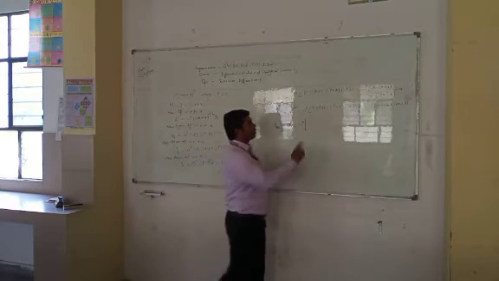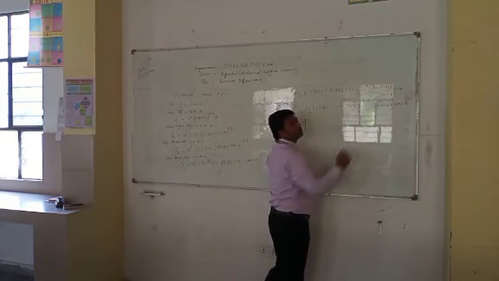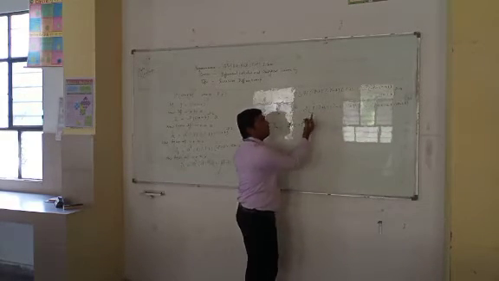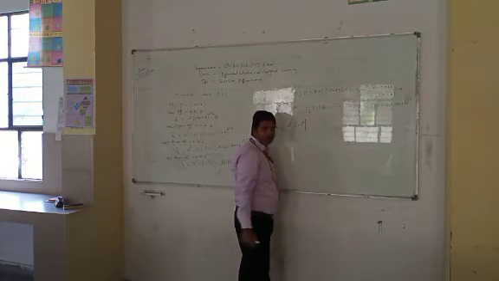Now we notice p plus 1, p plus 2, p plus 3 and so on, p plus n minus 1. If we write the previous term of p, then it will be p minus 1.